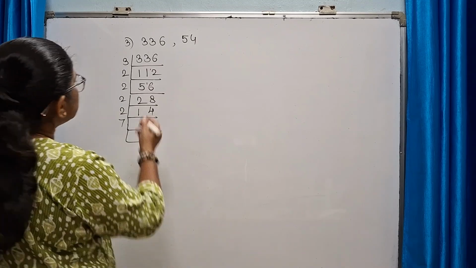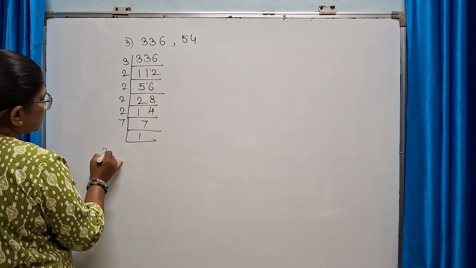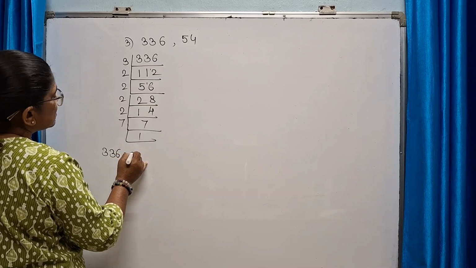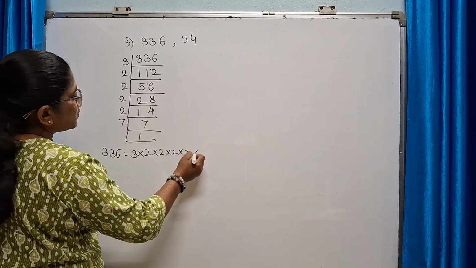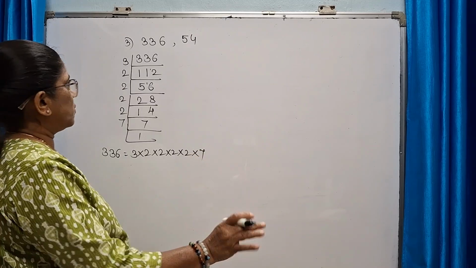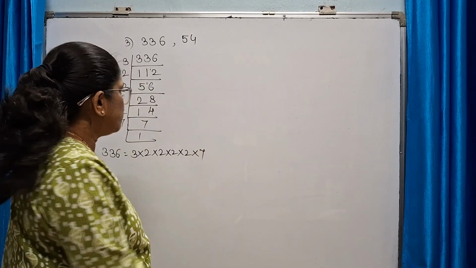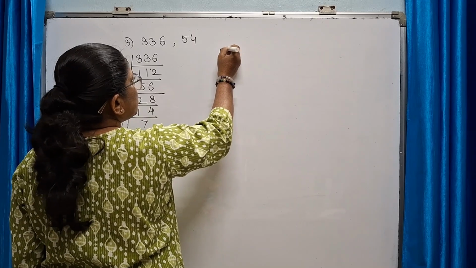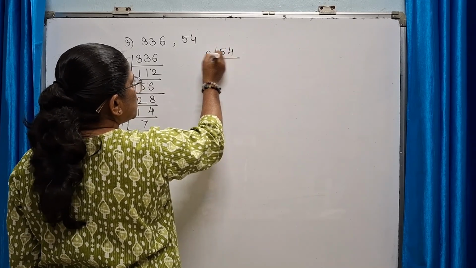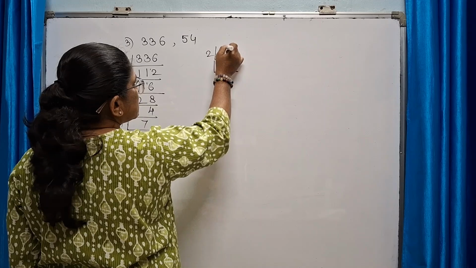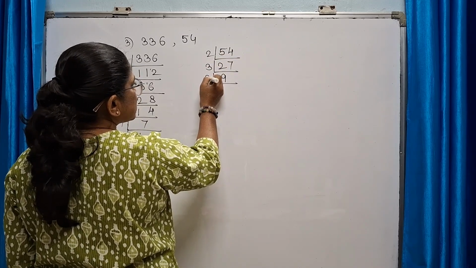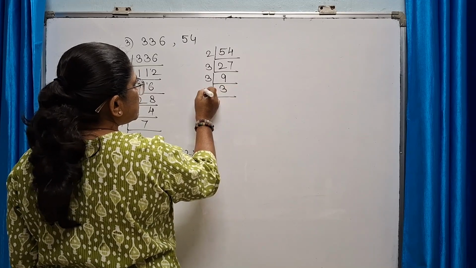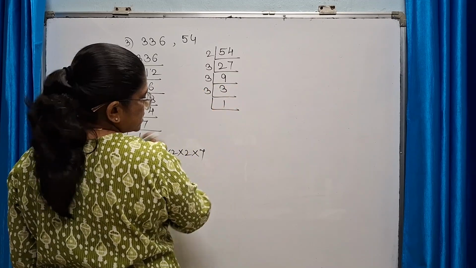So now the factorization of 336 is 3 into 2 into 2 into 2 into 2 into 7. Okay. Next number is 54. 2 2s are 4, 2 7s are 14. 3 9s are 27, 3 3s are 9, 3 1s are 3.